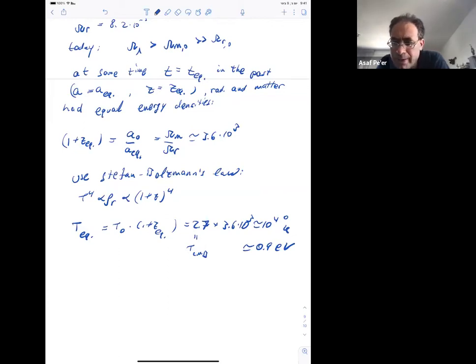But when I go back in time, the energy density in radiation grew faster. And so before redshift of 3600 or so, this energy density was the dominant term. And at that time, the universe was much hotter than it is today. It was 0.9 electron volt.